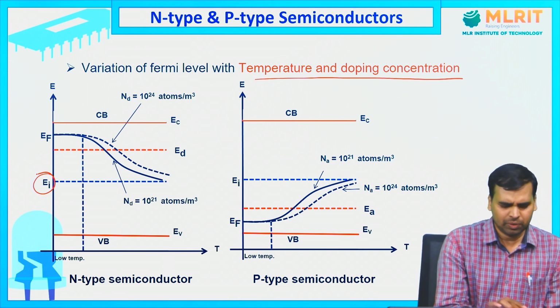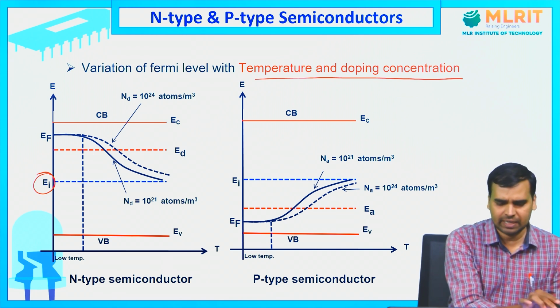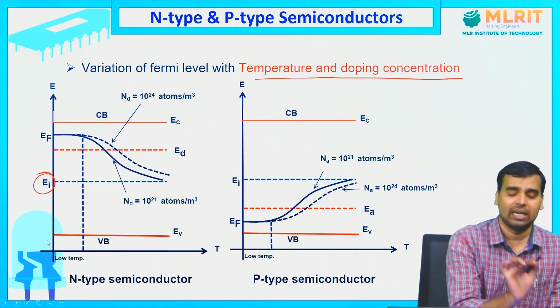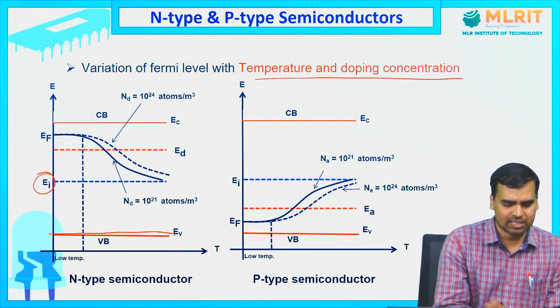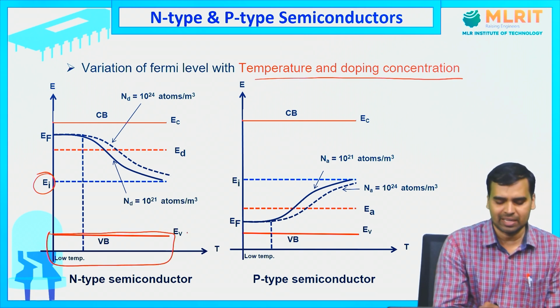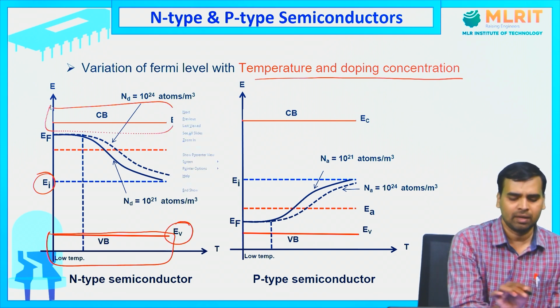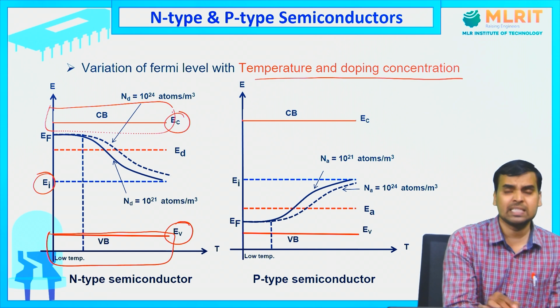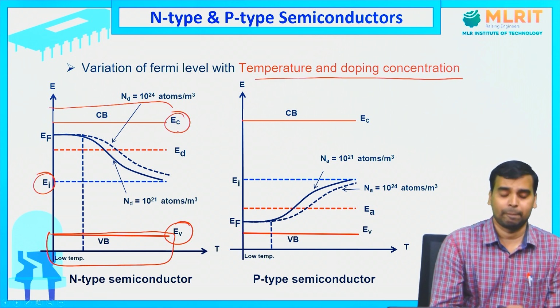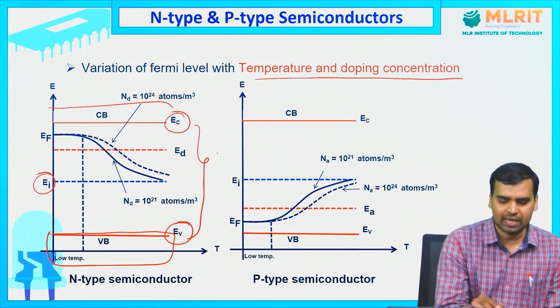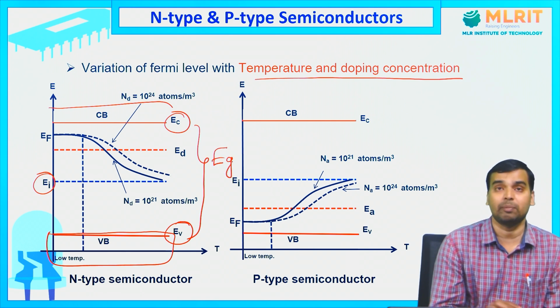In the left side diagram, on x-axis temperature, on y-axis energy. This is valency band, EV is nothing but higher energy level of valency band, and this is conduction band, EC is nothing but lower energy level of conduction band. The energy difference between EC and EV is nothing but energy gap or forbidden band gap.